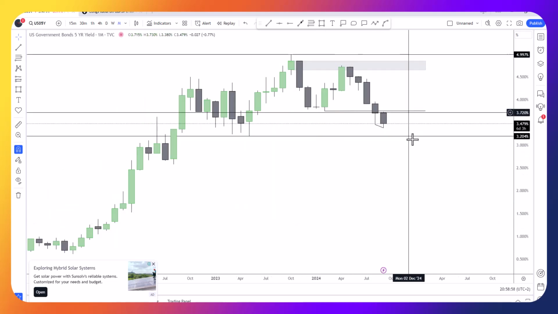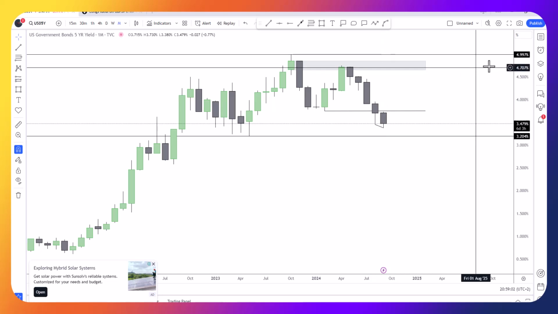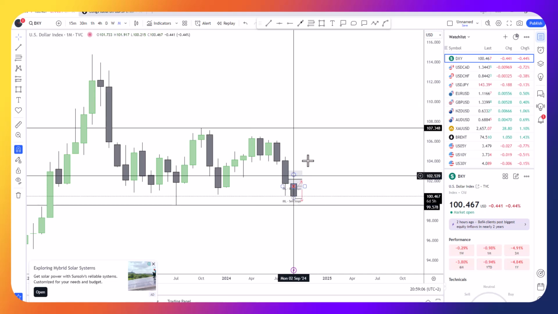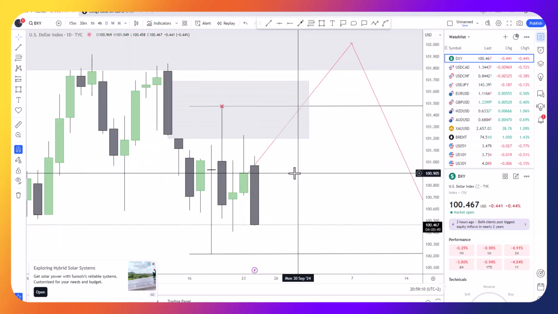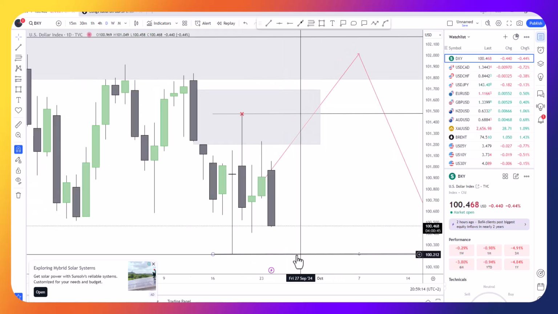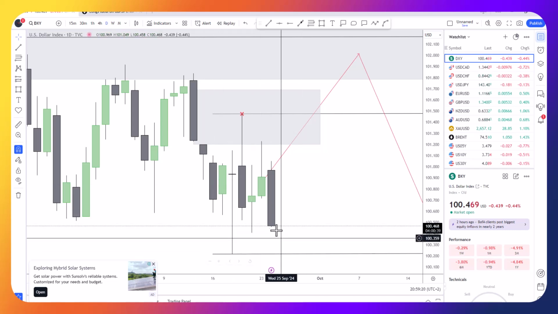So as you can see right now, the long-term interest rates are bearish. So that then resulted in my long-term outlook on dollar index, where I've been illustrating that we're looking for dollar to go all the way to 100.20. That's our weekly target, and we're almost there.